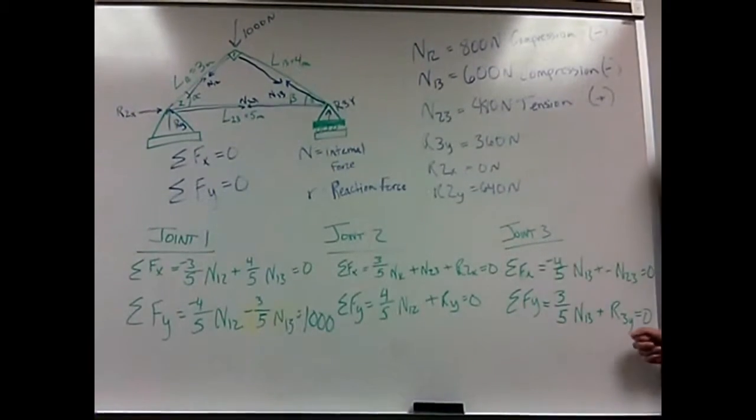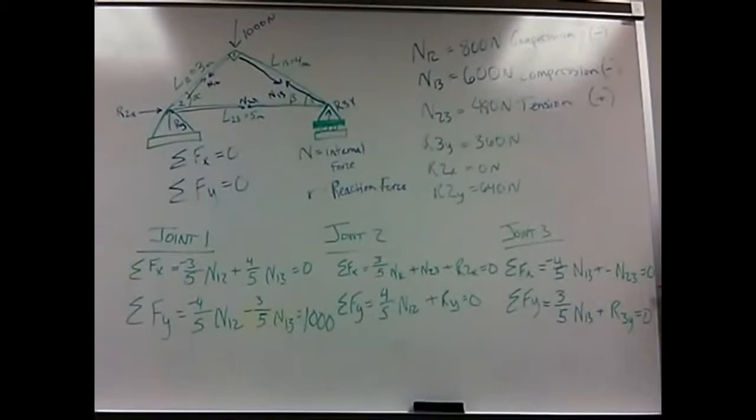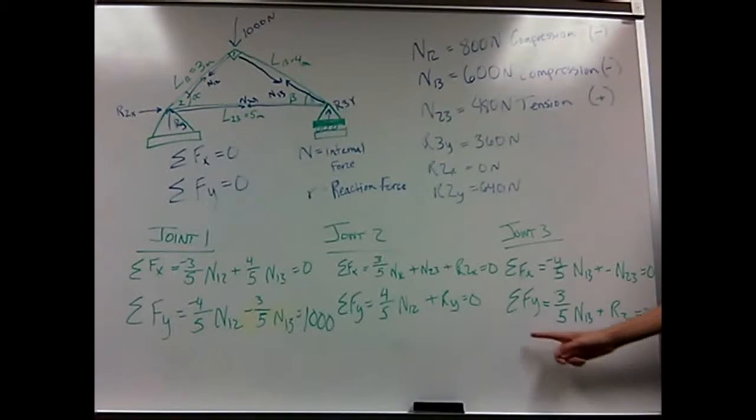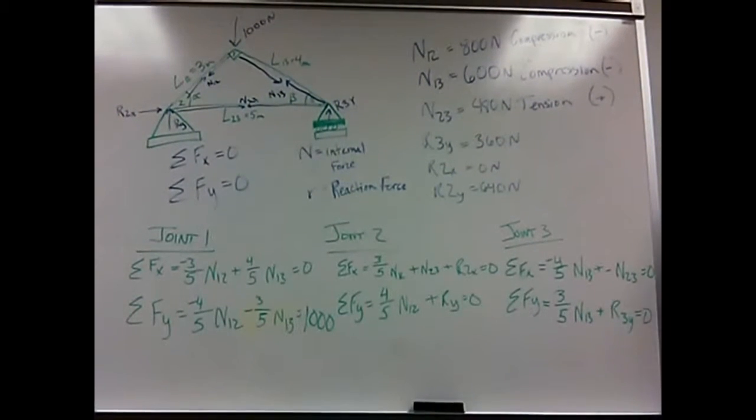In joint 3, we have -4/5 times the internal force between joints 1 and 3 minus the internal force between joint 2 and 3, and that equals 0. Similarly, in the y direction, we have 3/5 times the internal force between joint 1 and 3 plus the reaction force on joint 3 in the y direction equals 0.